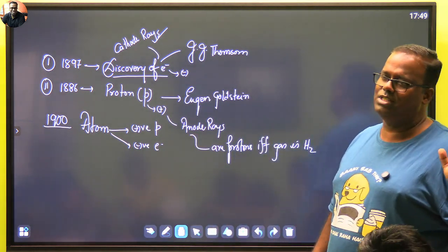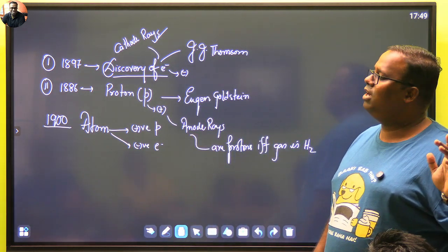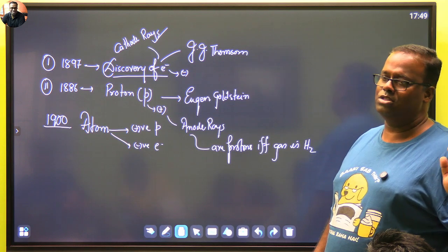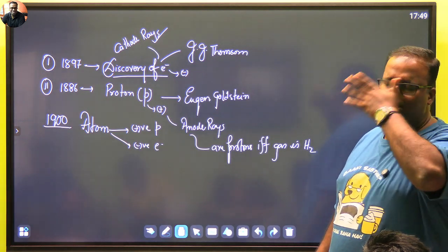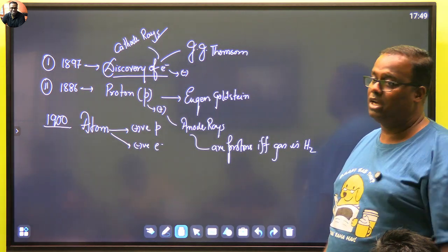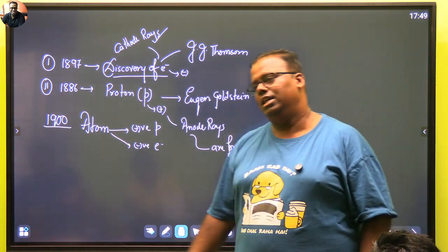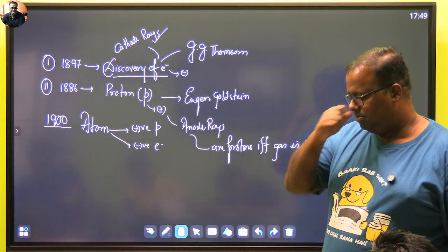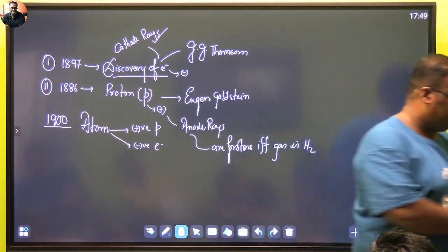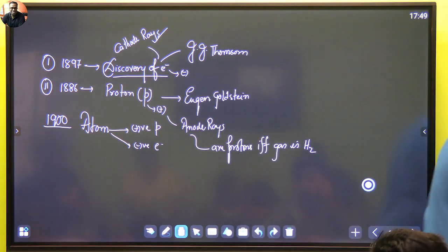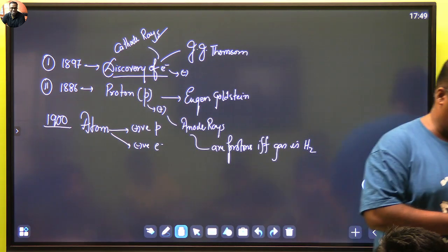All cathode rays are electrons, but all anode rays are not protons. Anode rays are protons only when the gas inside the tube is hydrogen. This is for your higher level understanding. But at this level, this much we should know. Okay? This much you write down.